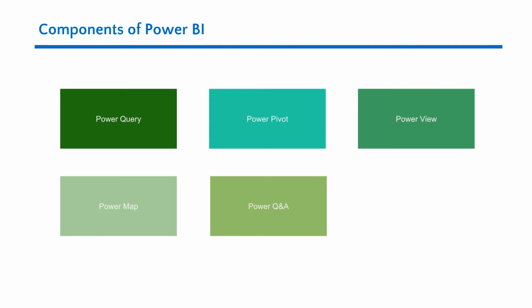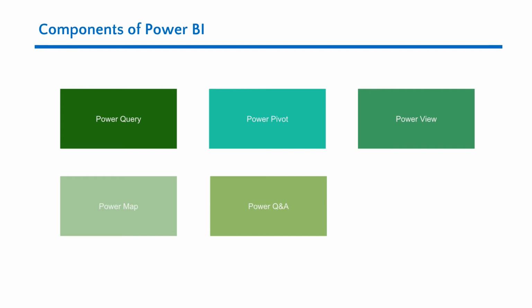So you have the data model, you build either a star schema or a snowflake schema. And once you have built your data model and deployed that into your Power BI service, you can ask questions against the data model and get answers easily. So your Power Q&A works with Power View for the data visualization.